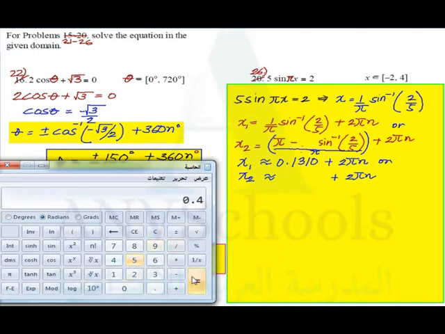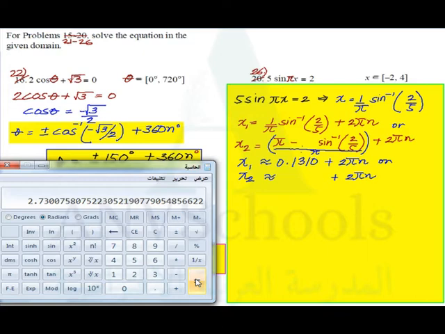Inverse sine, okay, that would be 0.411 minus pi equals negative 2.7300. Let's take out the negative. That's 2.7300 plus 2 pi n.